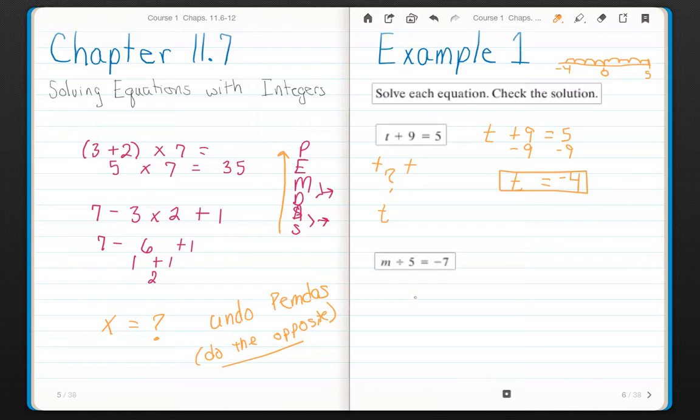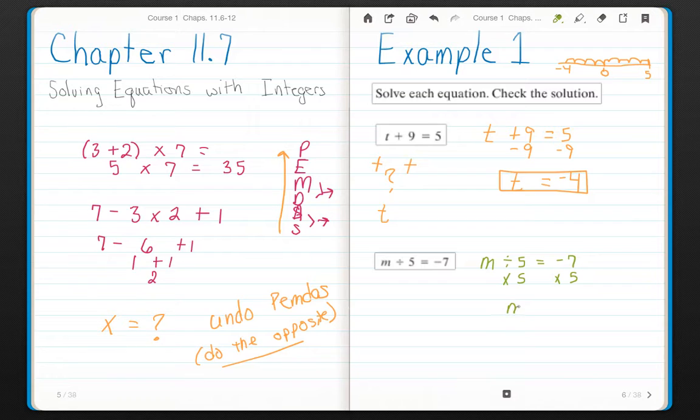Okay, so let's try another one. Here I have m divided by 5 equals negative 7. Well, I need to undo this division. In order to undo it, I need to do the opposite, which is multiplication. So I'm actually going to multiply both sides times 5.